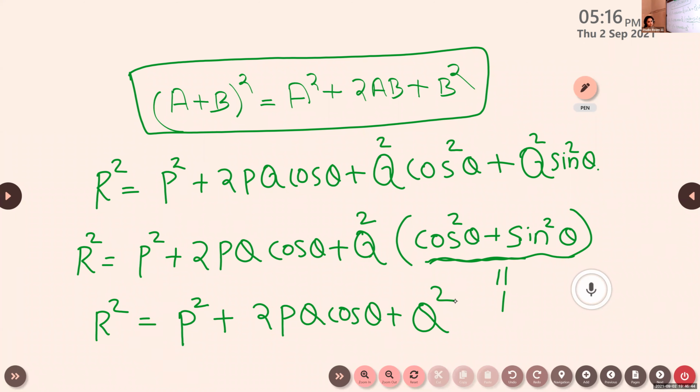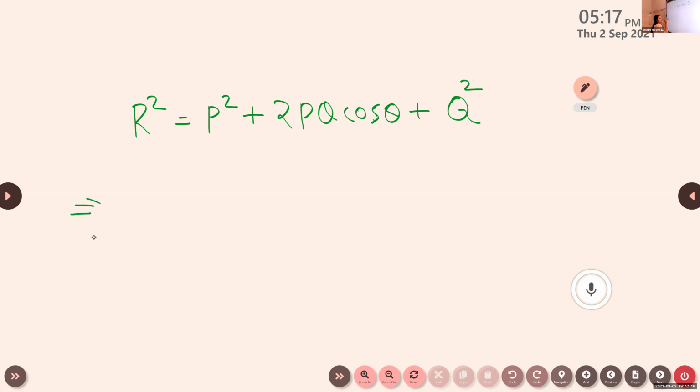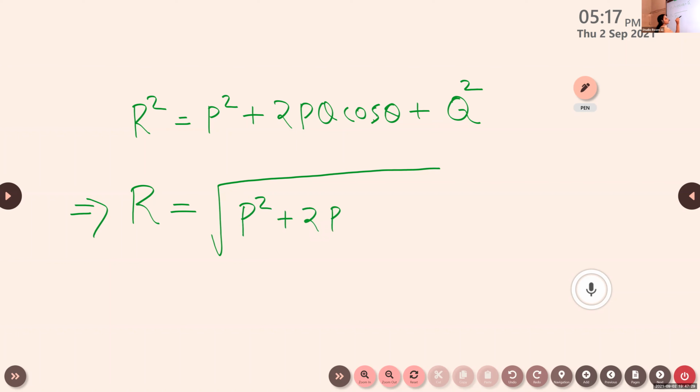Is it clear? Yes, ma'am. Okay. So the magnitude of the resultant vector becomes R square is equal to P square plus 2PQ cos theta plus Q square. We want to calculate the magnitude of R, not R square, which implies R is equal to the magnitude of resultant vector R is equal to square root of P square plus 2PQ cos theta plus Q square.